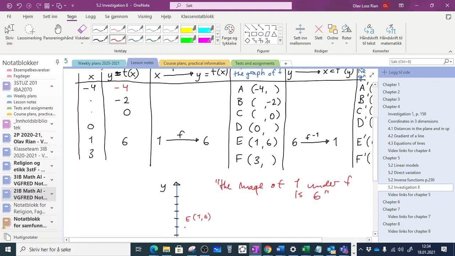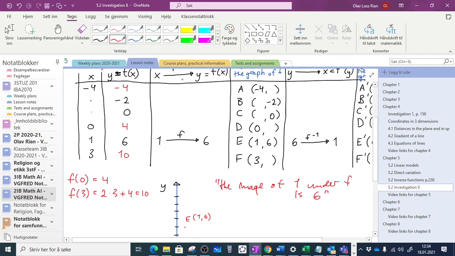If we take 0, for example, f of 0 equals 2 times 0 plus 4, so that's going to be 4. f of 3 is 2 times 3 plus 4, which is 10. So the y value down here is going to be 10.